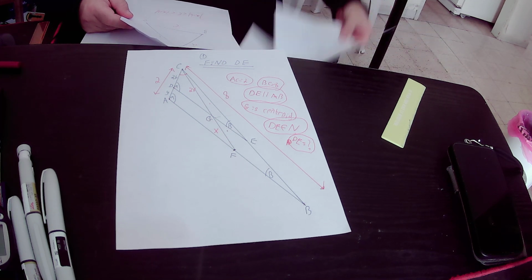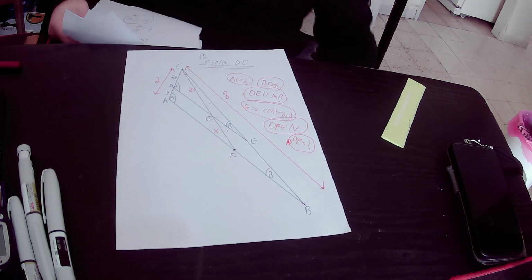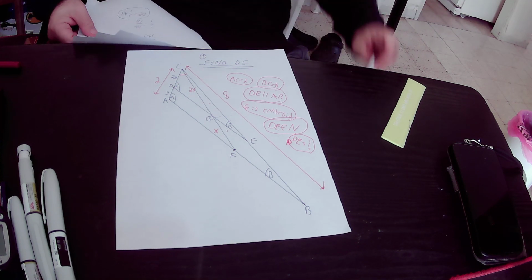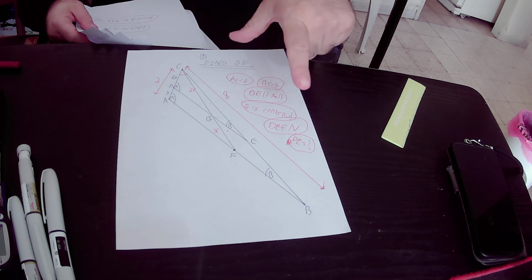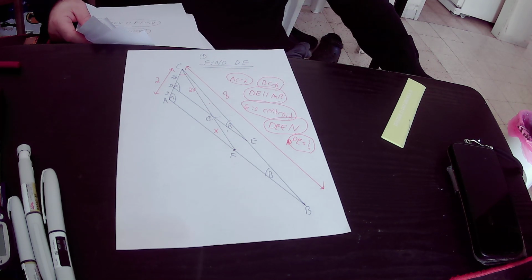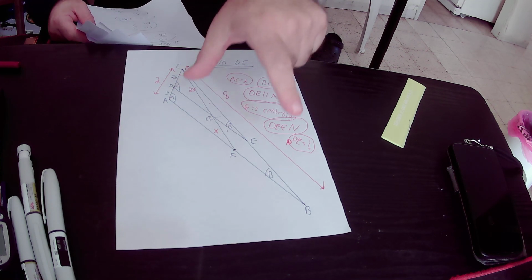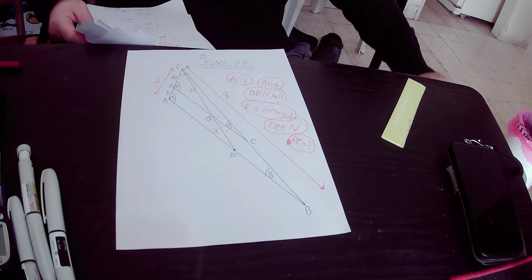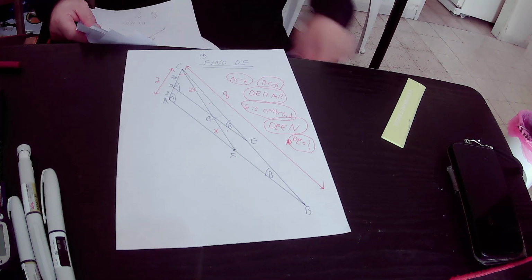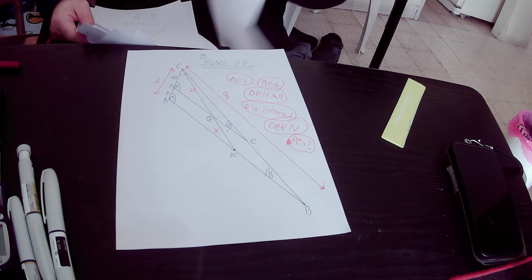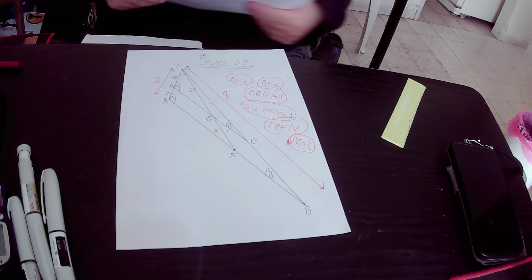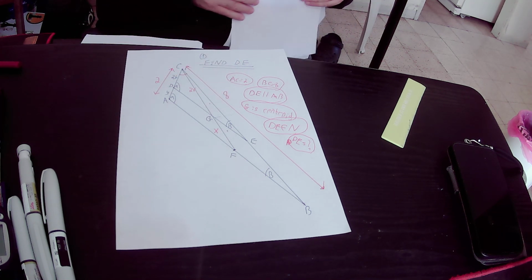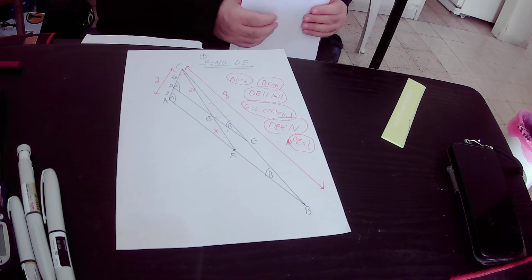We know that AC equals 2 units, BC equals 8 units, and we also know that DE is parallel to AB, and DE is a natural number, and point G is the centroid of triangle ABC.